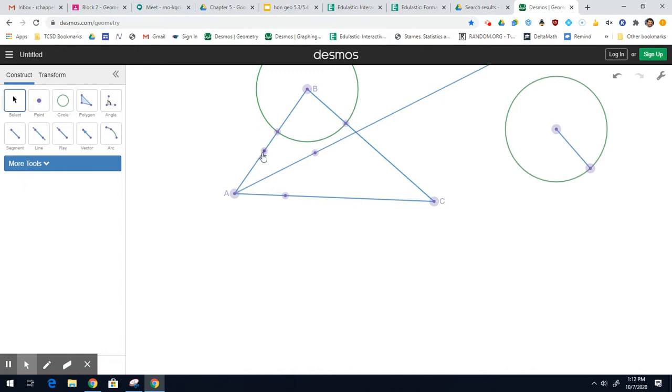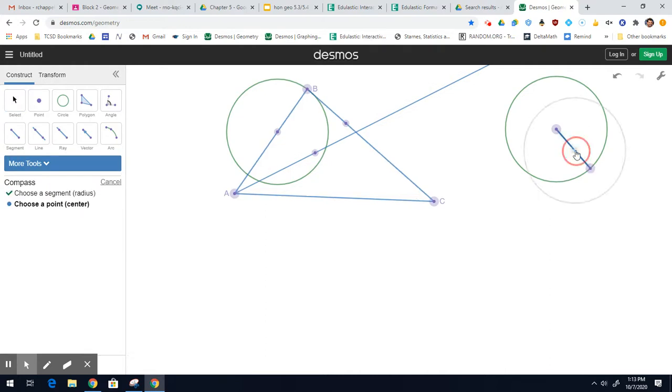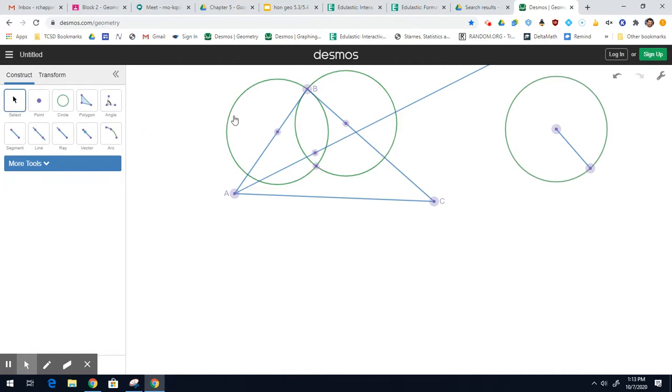How about I hide the ones on A first? Let's hide that point so we're not confused. Hide that point. And now we can hide the circle. And now grab the compass again. Pick the radius. Put it on this point. Grab the compass again. Pick the radius and put it on this point. And again, where those 2 circles meet right here, that is that second point I need. We can hide the circles.